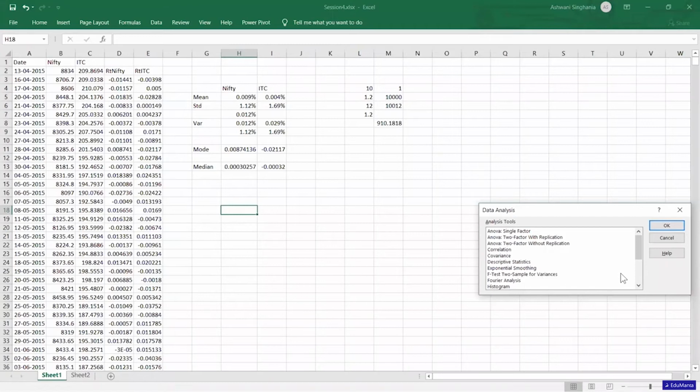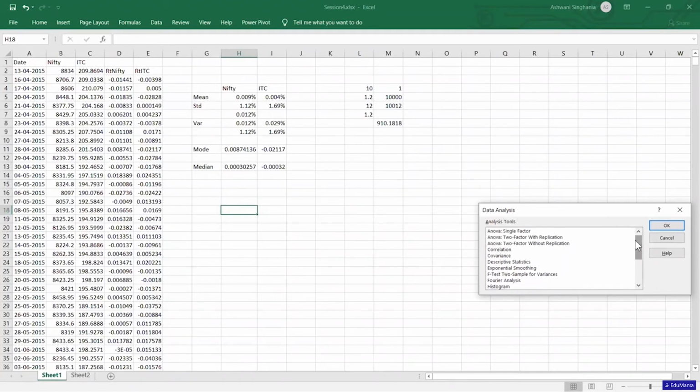In the statistics course we explain each and every function here. But right now we are going to look at some basic ones: descriptive statistics, correlation, covariance, histogram, and regression.